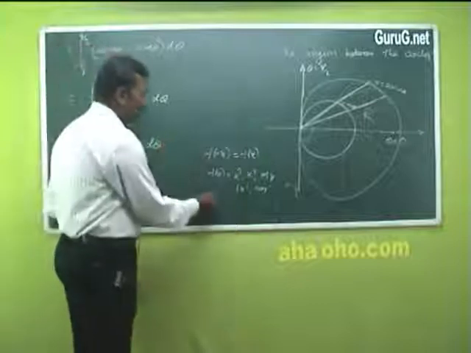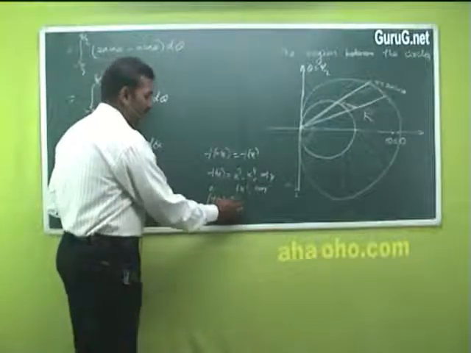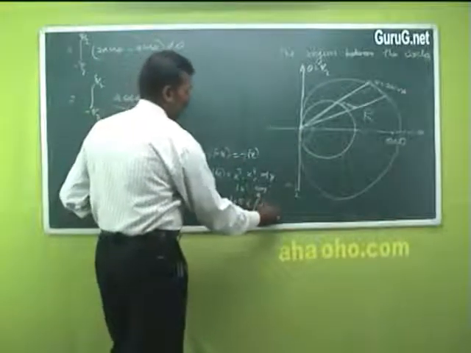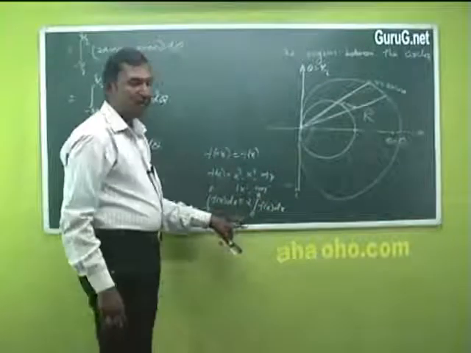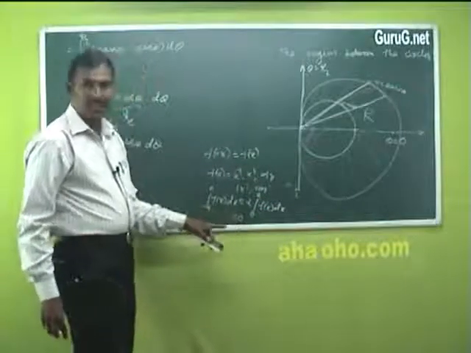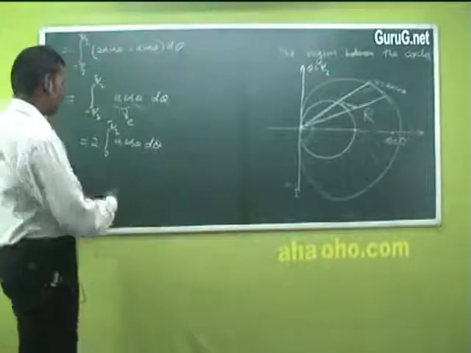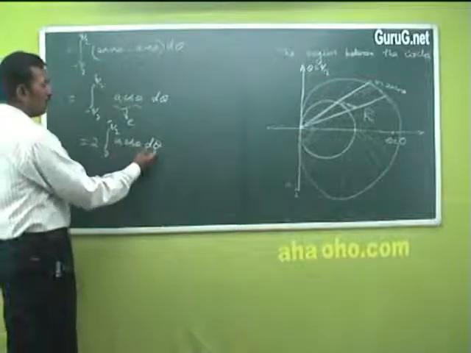So if it is even, you know this formula: integral minus a to a f of x dx equal to 2 times integral 0 to a f of x dx if f of x is even, or otherwise if it is odd, we can write it as 0, right? This is a known formula, so I used that. So integral 2 times 0 to pi by 2 of a into cos theta d theta.